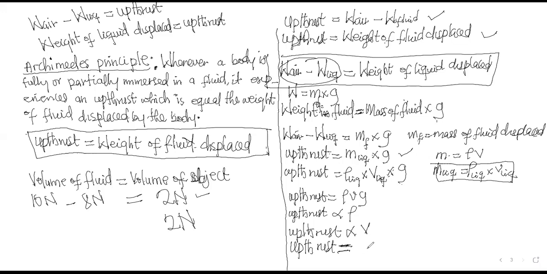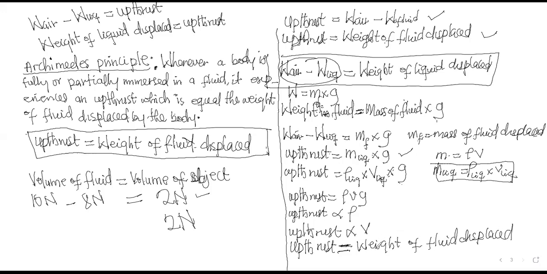Weight of the fluid displaced. Do not forget the weight. Very, very important. So upthrust equals weight of fluid displaced. How can you calculate weight of a body? Mass times gravity.